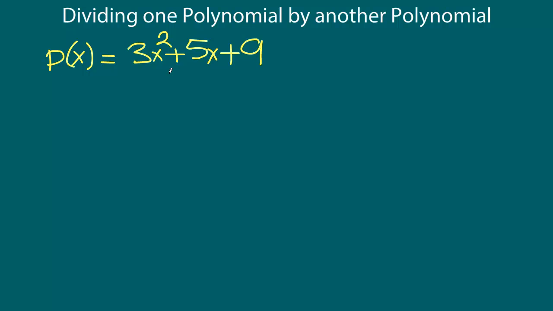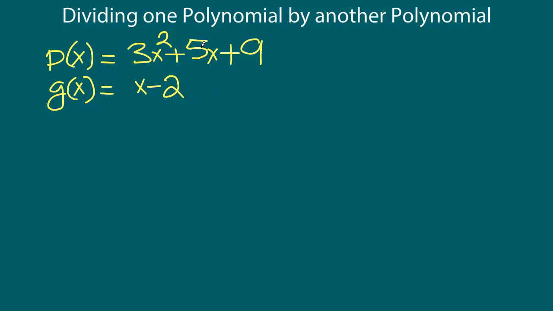Let's take a look at maybe one last example. Let's say our polynomial this time is simply 3x squared plus 5x plus, let's say, 9. And we want to divide this by, this time let's try to keep it really simple, straightforward, maybe x minus 2, right?